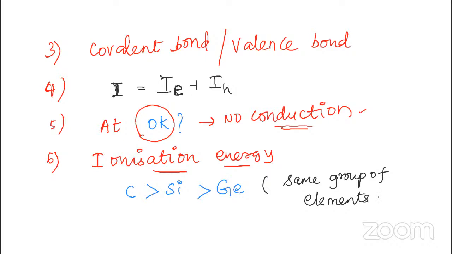In the same group, carbon has the highest ionization energy, but it is not a semiconductor.